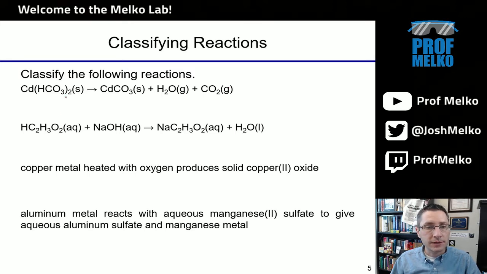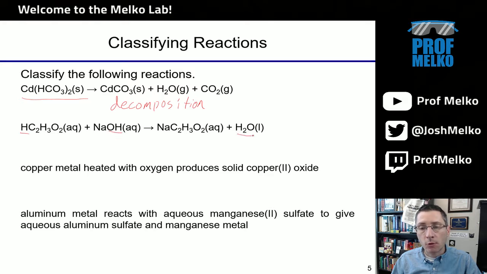So let's classify these reactions. The first one, there's one item on the left, falling apart to multiple things. That's decomposition. One thing that is decomposing and making multiple products. The second one, when H is out front, sort of looks like an acid. OH group, frequently a base.